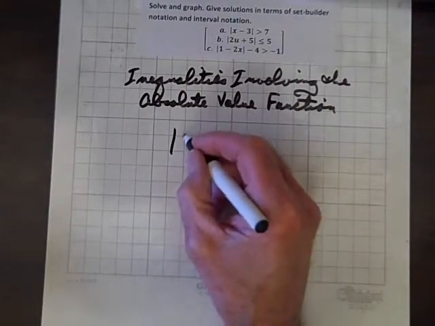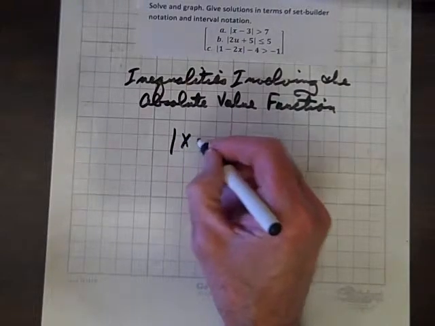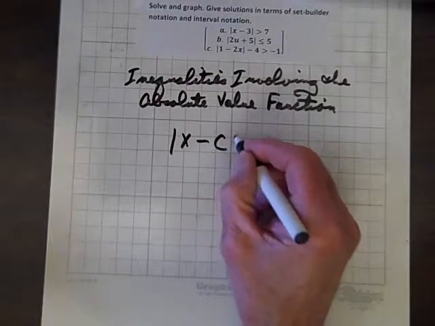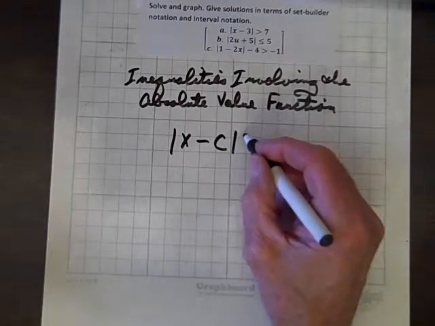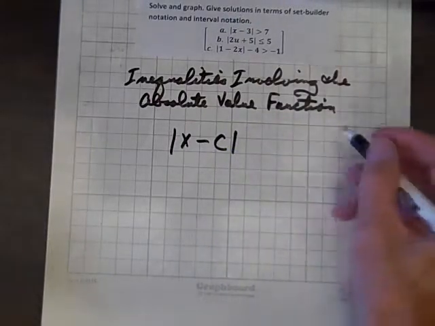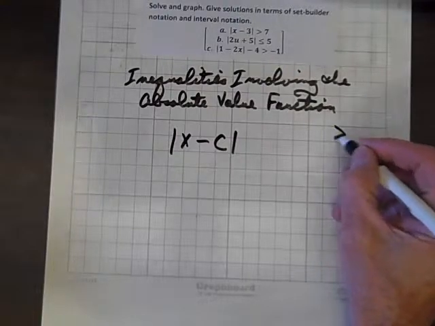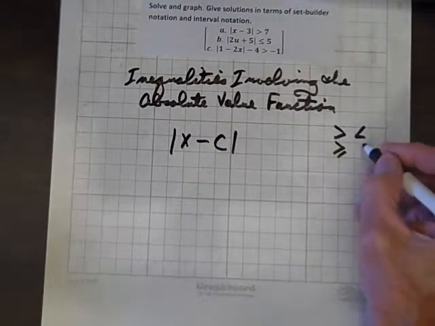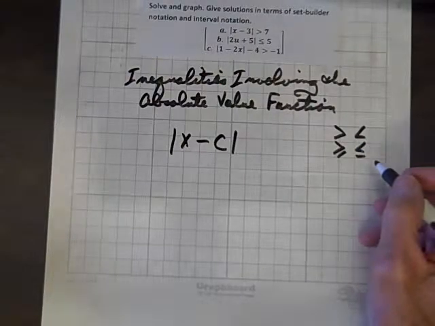So, any inequality with a little manipulation can be written in this manner. And by the way, we know we can be greater than, less than, greater than or equal to, less than or equal to.